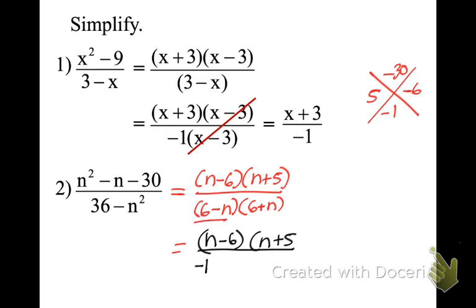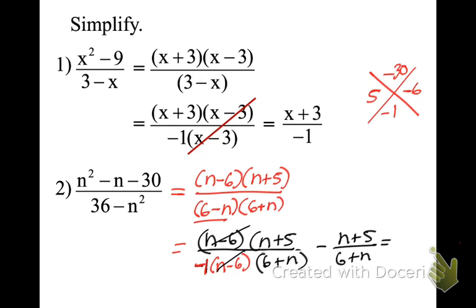N minus 6, because I did the negative 1. And then I have my n plus 5. Oh, sorry, it's 6 plus n. And so now I can cross cancel here, and I'm left with n plus 5 over 6 plus n, or we could write it n plus 6.